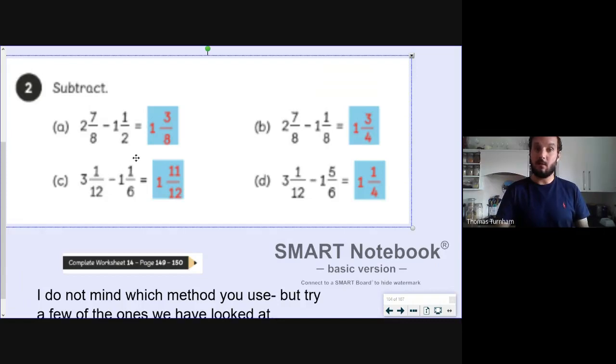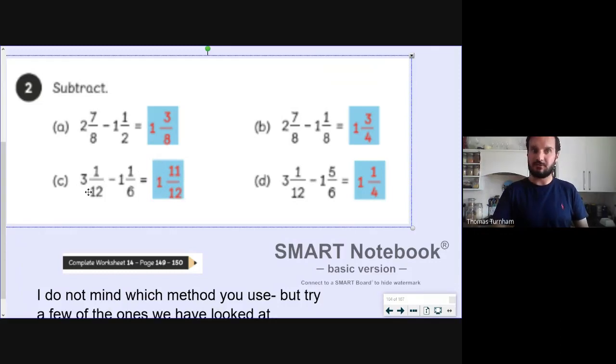Take away 1 1/6. Again, lots of ways you might have dealt with this one. But I suspect lots of you will have changed the fractions to have a denominator of 12, dealt with the fractions, and then dealt with the whole numbers. So, sorry, the answer is 1 11/12.